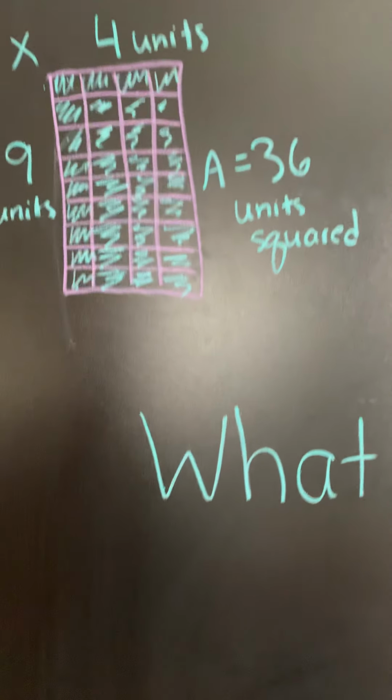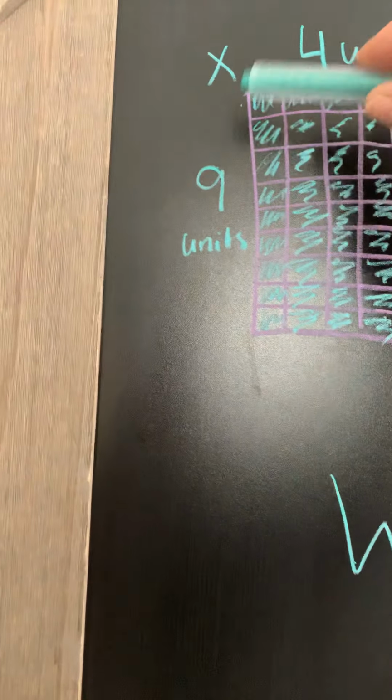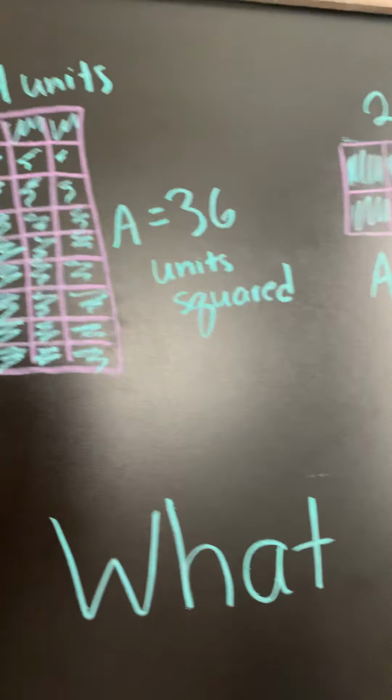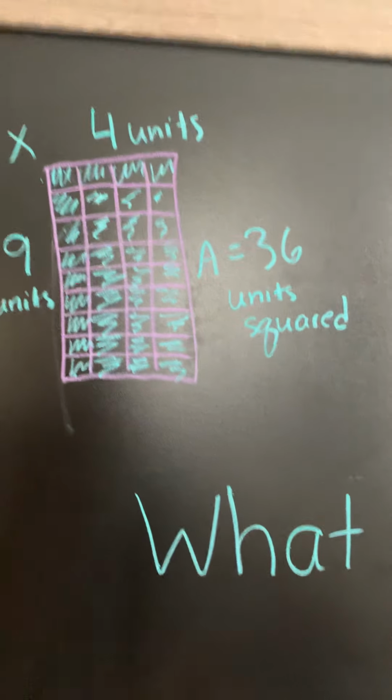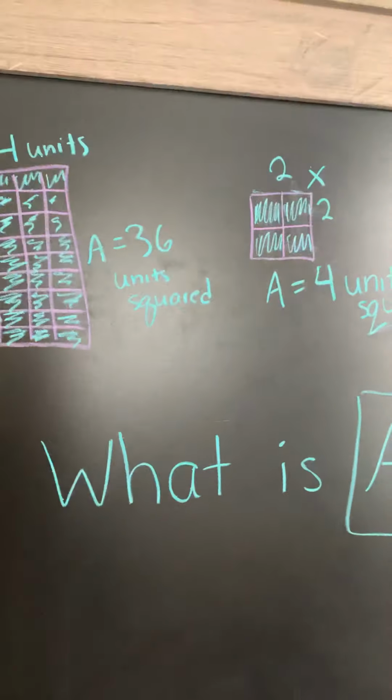But a shortcut is multiplying your width and length, or the columns and then the rows. It's basically when we did our arrays for our multiplication several months back. It's the same thing. Okay?